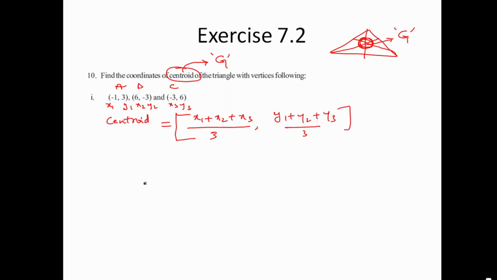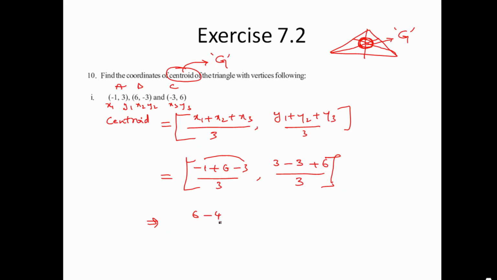Am I clear? So let's just substitute the values here. Minus 1 plus 6 minus 3 by your 3, and here y1 plus y2 plus y3 by 3. Am I clear? Okay, so simple. So let's solve this. Looking at the negative symbols, I'll get here 6 minus 4 by 3, and looking at the y values, this is 4 plus 6 by 3.